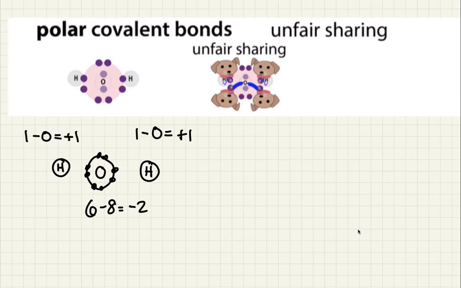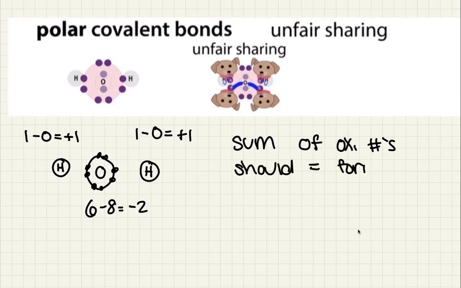Overall, if we add up our hypothetical charges, if we add up the oxidation numbers, they should equal the formal charge. So the sum of the oxidation numbers should equal the formal charge. If you start with a neutral molecule, the sum of the oxidation states should be 0.